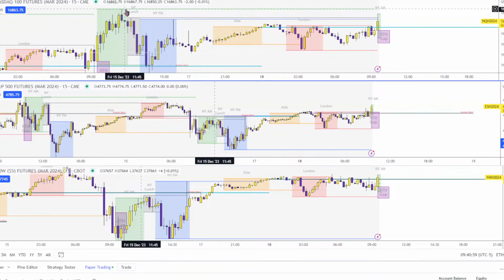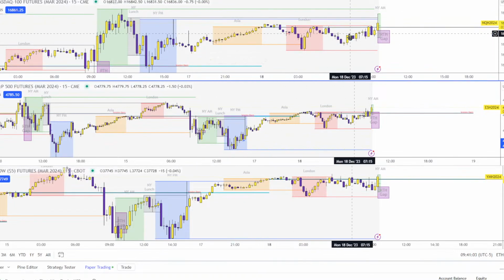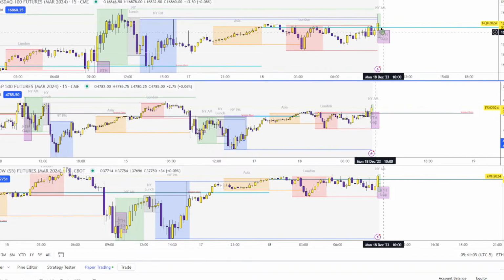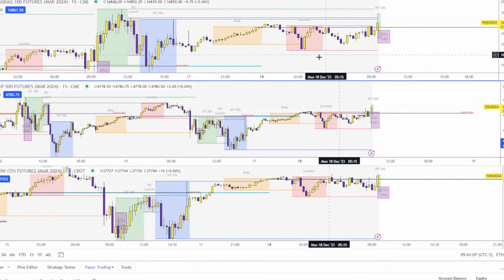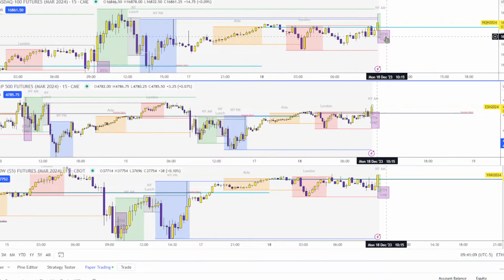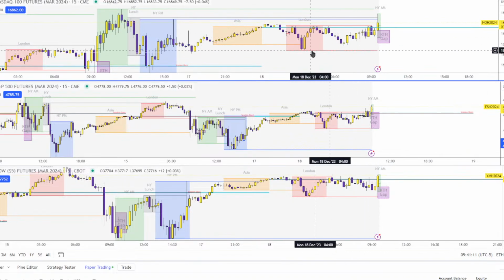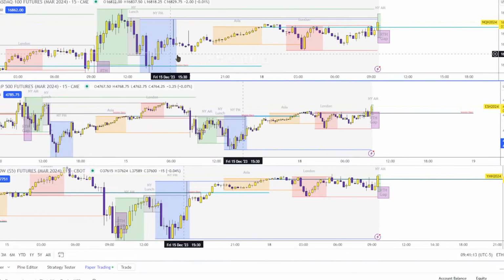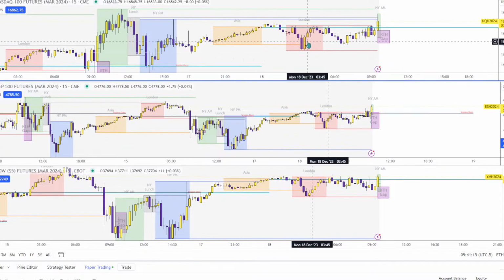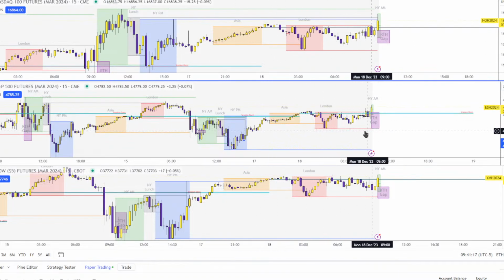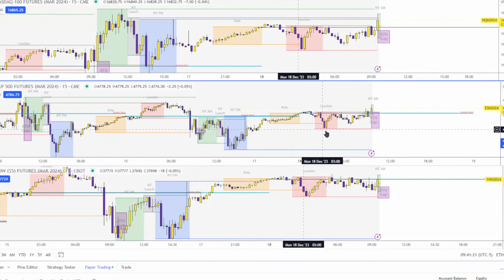So I'll be taking out the New York high last week and then rolling over and coming back down into the range. My eyes go down into here now. I like this lower side. We have a gap supporting the lower side.